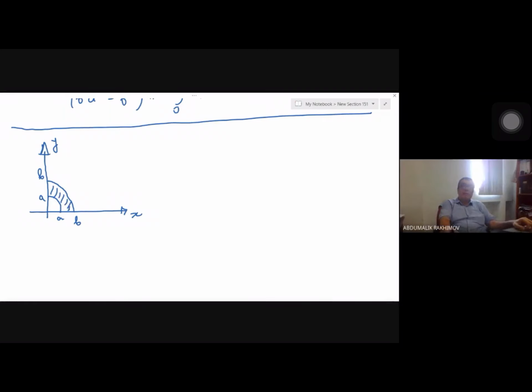So this plate has 4 boundaries, so we will have 4 boundary conditions, right? The equation is the same. Let me write the equation: U_RR in the polar system, plus 1 over R U_R, plus 1 over R squared U_phi phi, is equal to 0, right?